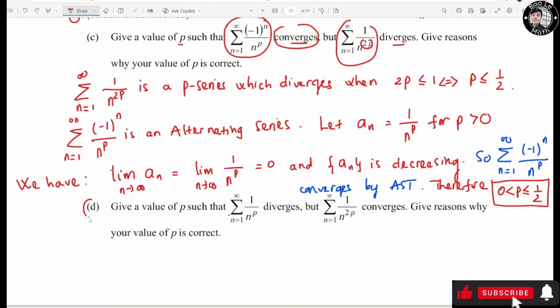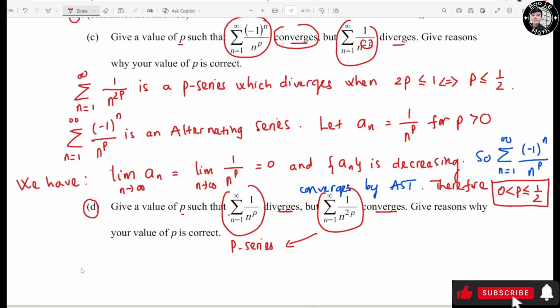Now let's move on to part D. Give a value of p such that this series diverges, and this series converges. Alright, so observe that this one is the p series. This one is also a p series, right?